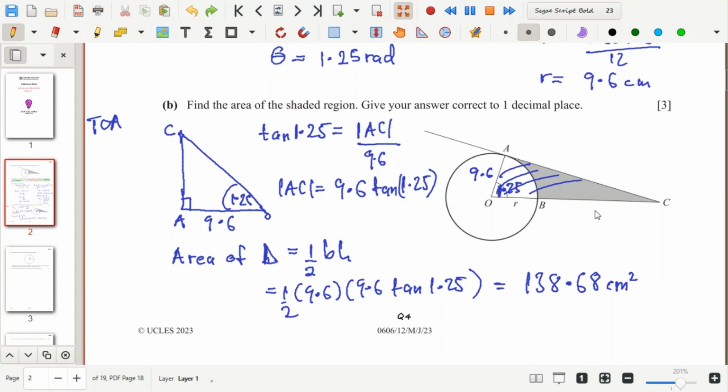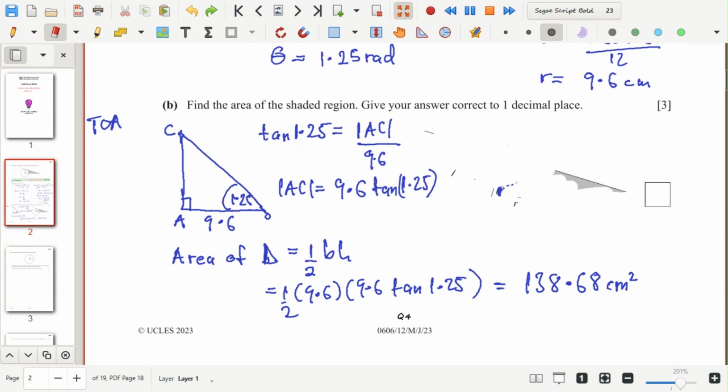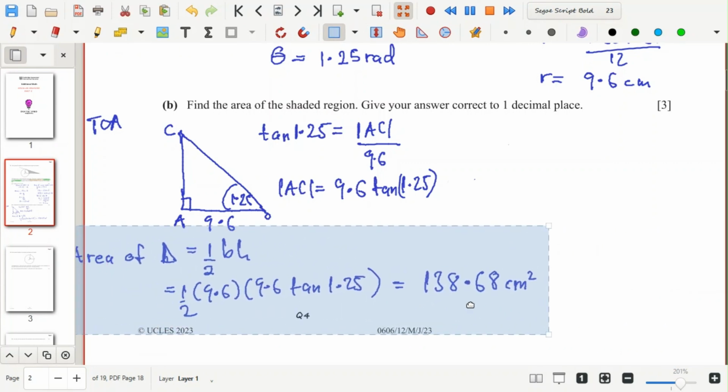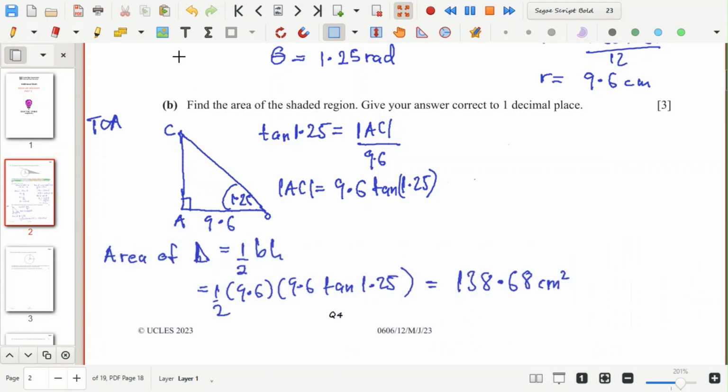Now we're coming for the area of the sector. Okay. Can I clean my diagram now? Right now I don't need it. I'm trying to make good use of the space.